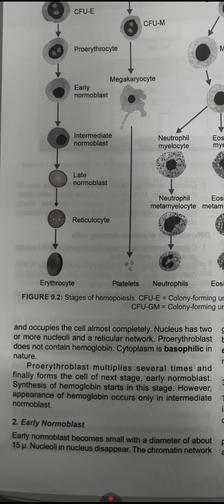Nucleoli in the nucleus disappear. As we see in the pronormoblast, there are two nucleoli in the nucleus, but in this stage the nucleoli disappear. No nucleoli are present in this stage.